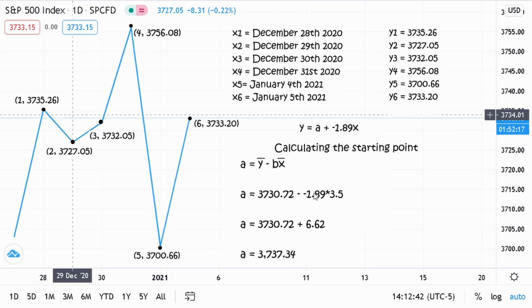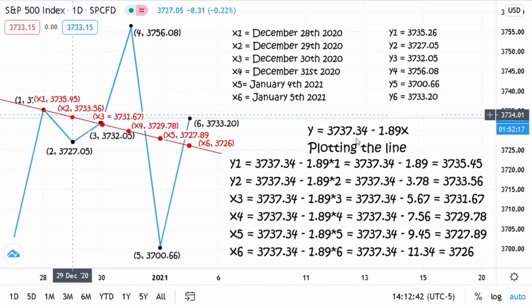And because this is negative and we're doing subtract, it's actually going to be adding this amount to the mean of y. So 1.89 times 3.5 is 6.62. We're going to add it to the mean of y, and what we get for our starting point is $3,737.34. That is where we're going to start when we're plotting our line.